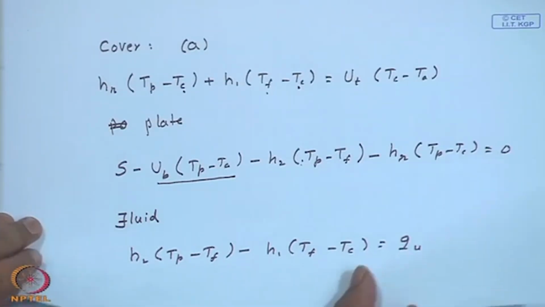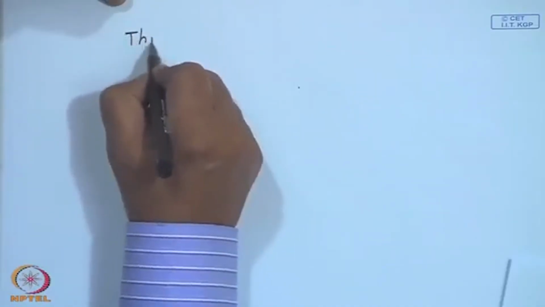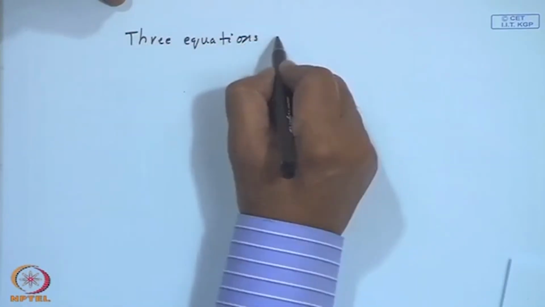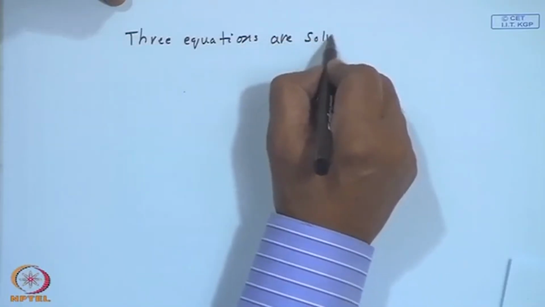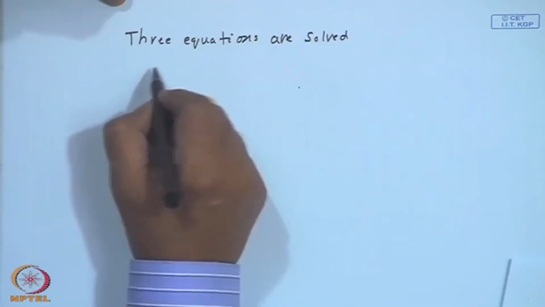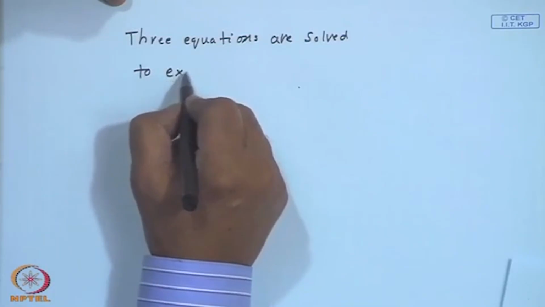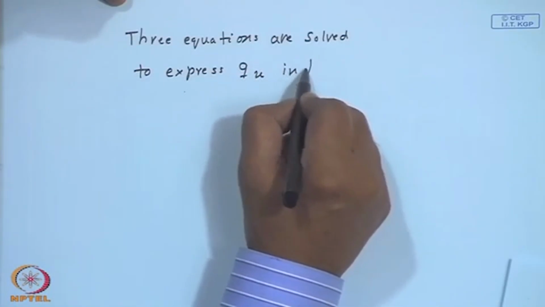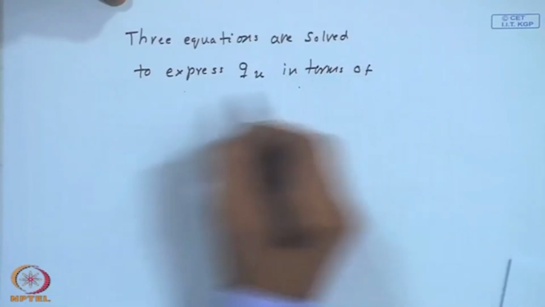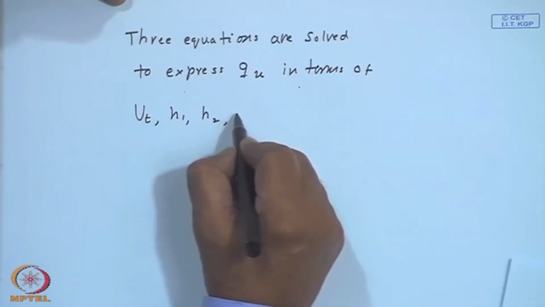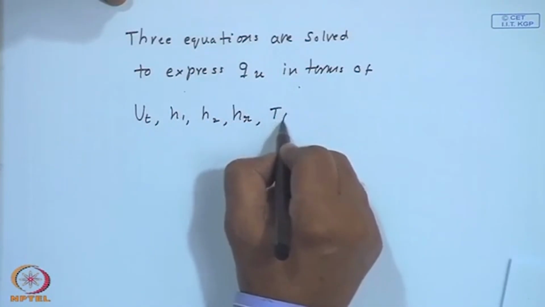So, these three equations are solved to express Qu in terms of Ut, H1, H2, Hr, Tf and Ta.